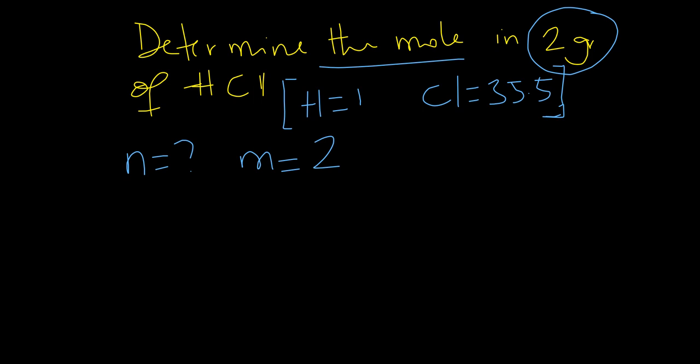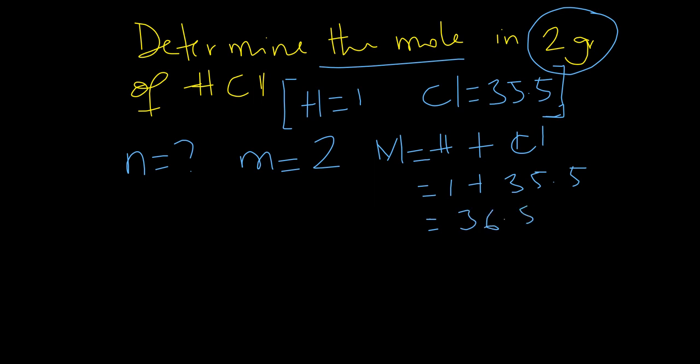The molar mass of hydrochloric acid will be given as we have 1 atom of hydrogen plus chlorine. So hydrogen is 1, the mass, chlorine is 35.5. So the molar mass of hydrochloric acid will be 36.5 grams per mole.